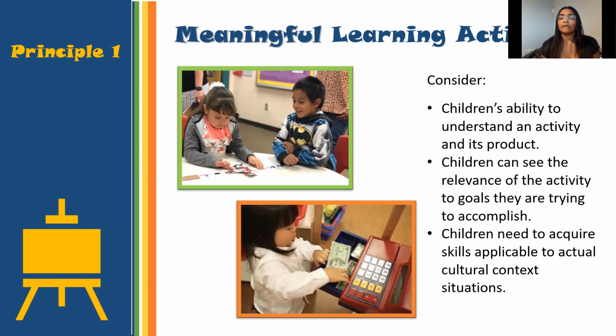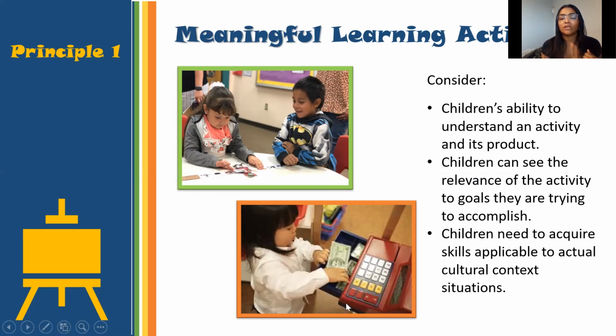Activities gain meaning only when they are part of a culturally defined context, and they are carried out for authentic goal-directed reasons. Children need to acquire skills that are applicable to actual cultural context situations.